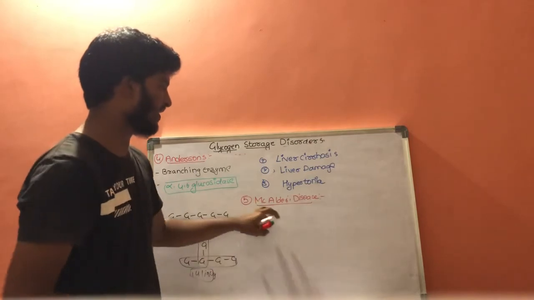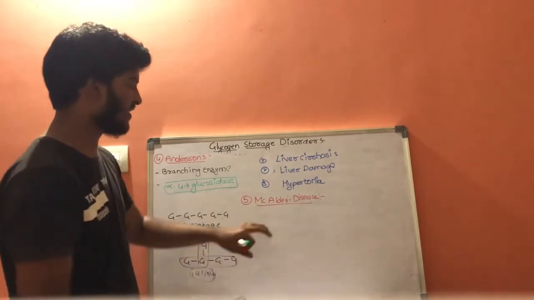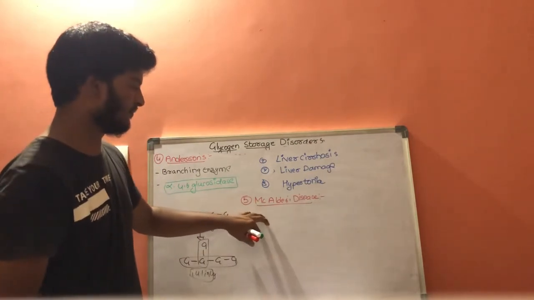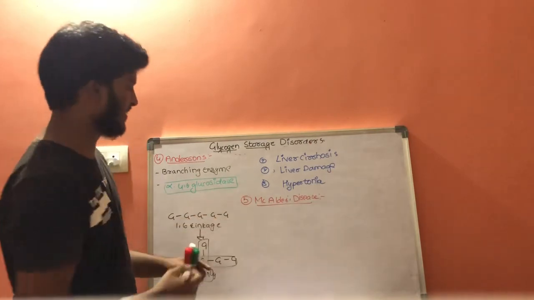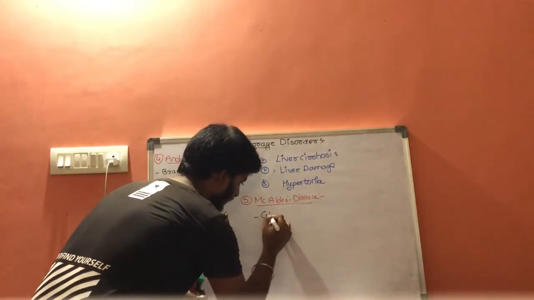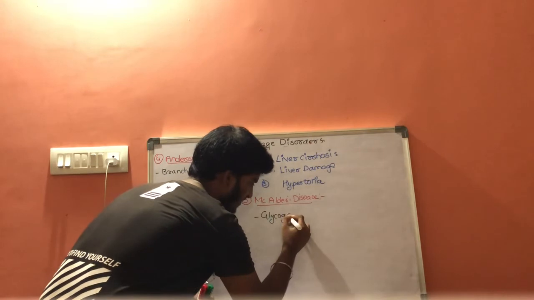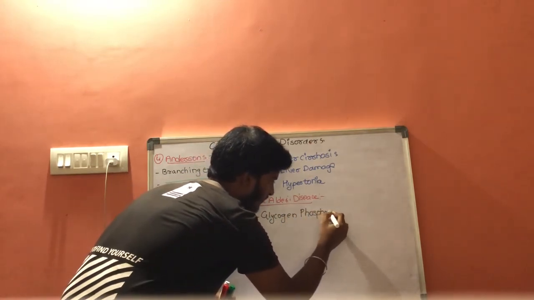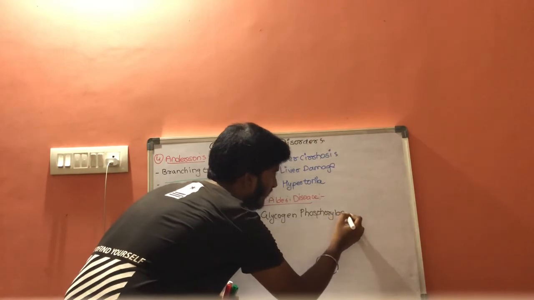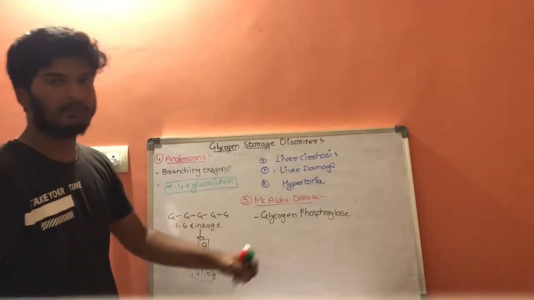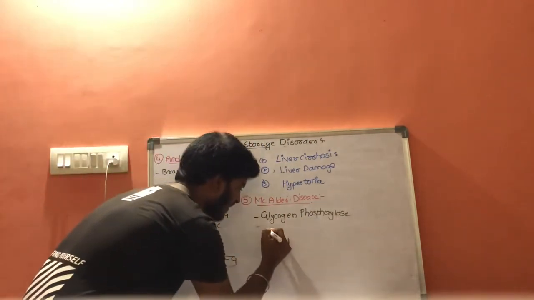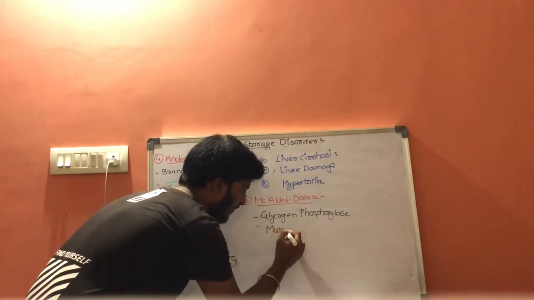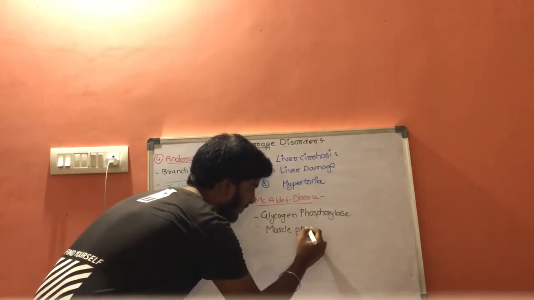This McArdle's disease, type 5, occurs because of deficiency of the glycogen phosphorylase enzyme, which occurs in muscle. So it is also called muscle phosphorylase.